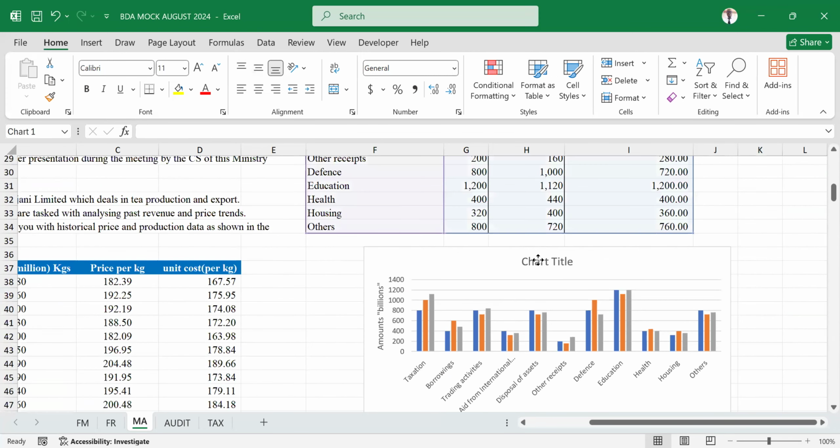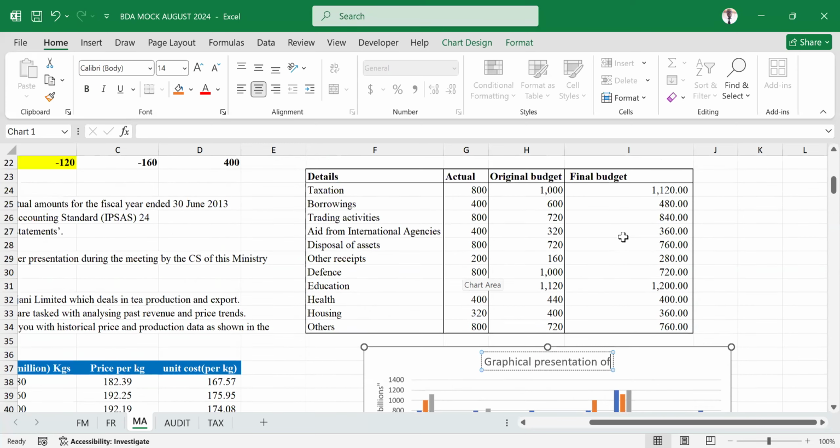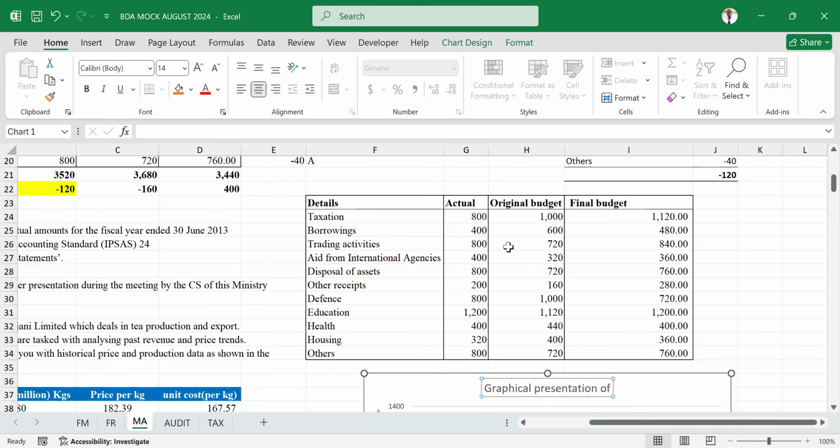Then we give it a title. What are we presenting here? We just say, this is a graphical presentation. Remember what we highlighted here: actual, original budget, and final budget. So that's what we presented, and that forms the title of our graph.